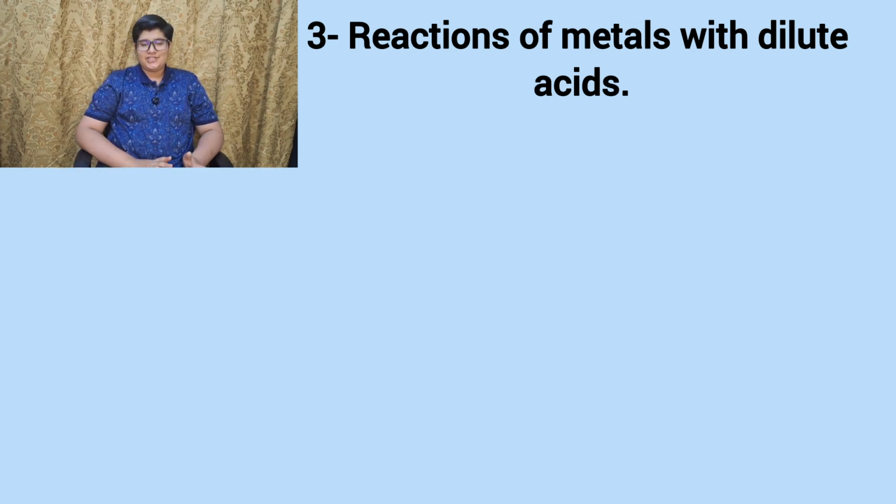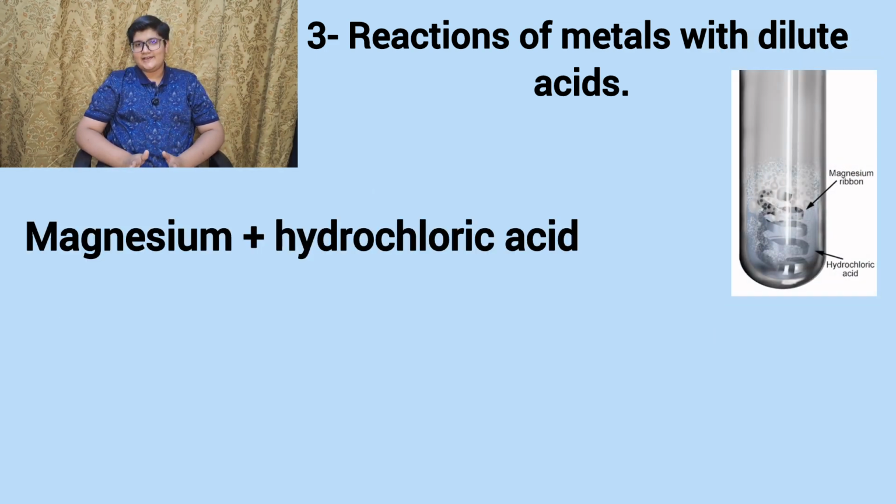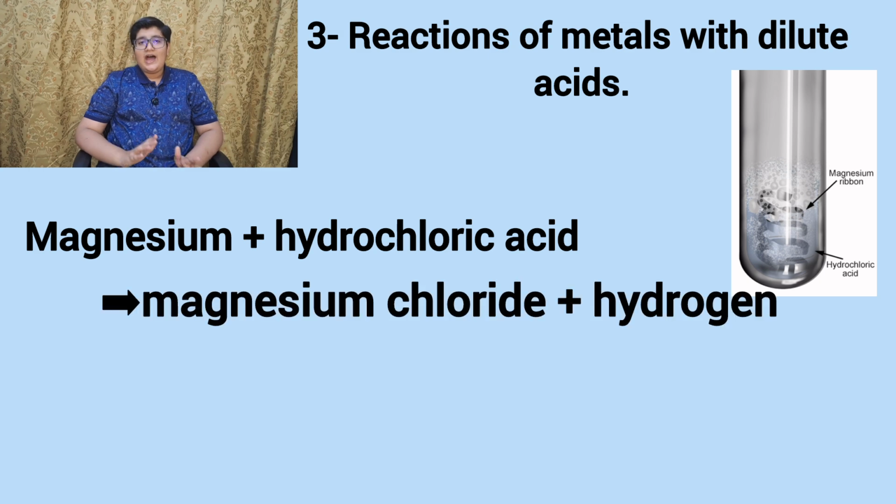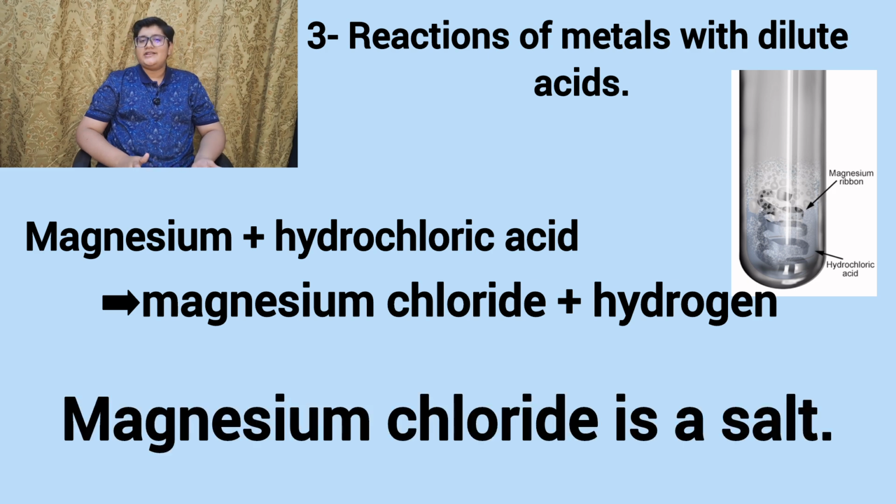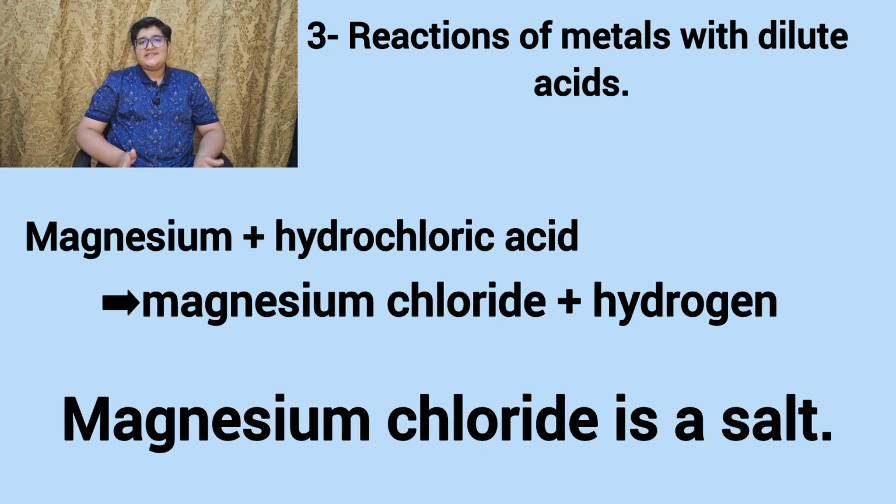For example, magnesium plus hydrochloric acid gives magnesium chloride plus hydrogen. Hydrochloric acid contains chlorine and hydrogen. So hydrogen will be the gas which is formed, and left behind is magnesium chloride, which is a salt, so that's why the equation says salt plus hydrogen.